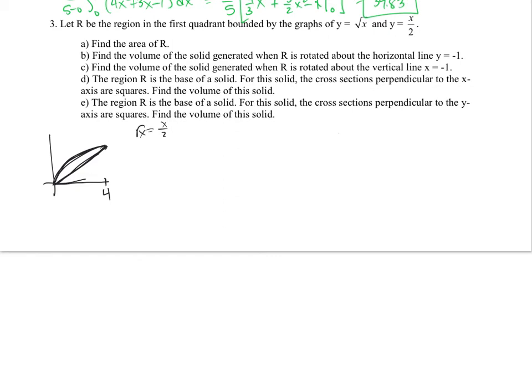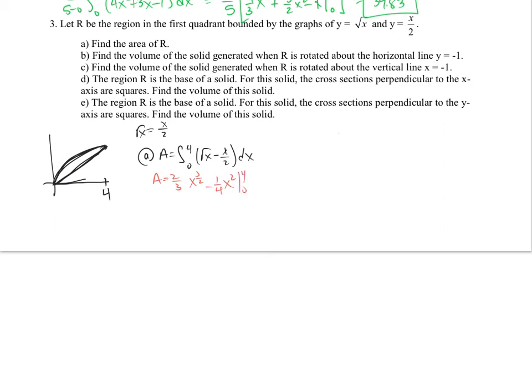So for part A, we know that the area is the integral of the graph from 0 to 4, and this is going to be the top curve, square root of x, minus the bottom curve, which is x over 2 dx. We can go ahead and find this area. We'll take the integral, 2/3 x to the 3/2 minus 1/4 x squared on the bounds from 0 to 4.